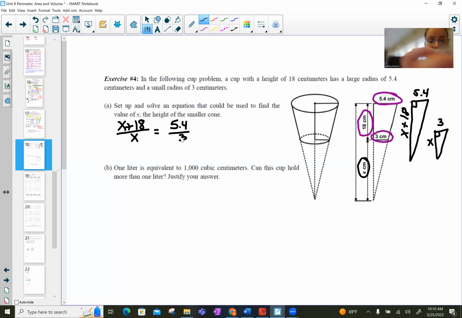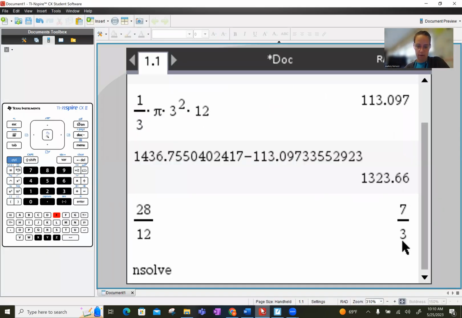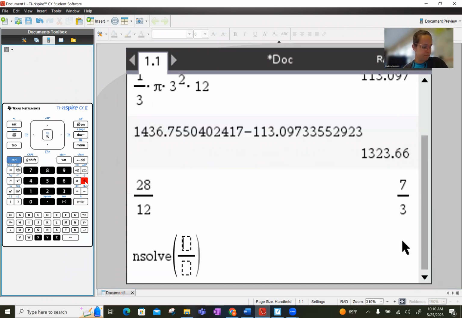I don't want to solve this on my own, so let's plug this into the calculator and solve. I'm going to do control divide, and have x plus 18 over x equals, control divide, 5.4 over 3, comma, x.